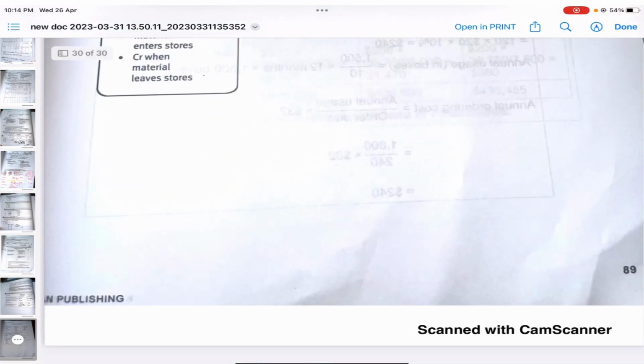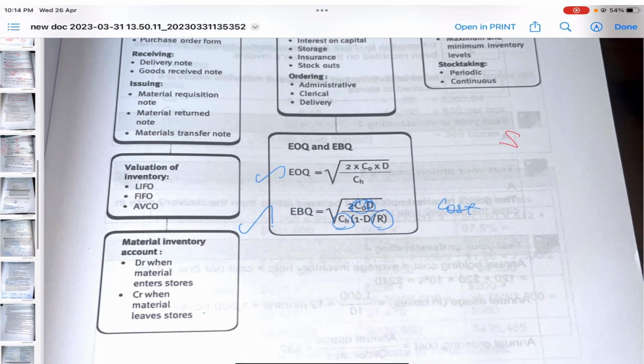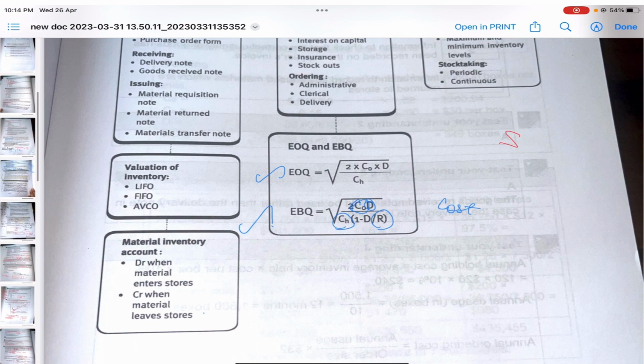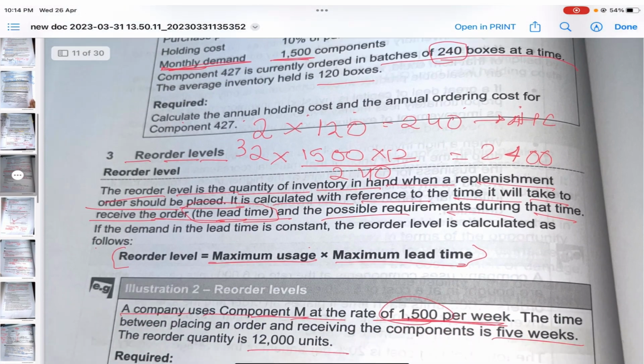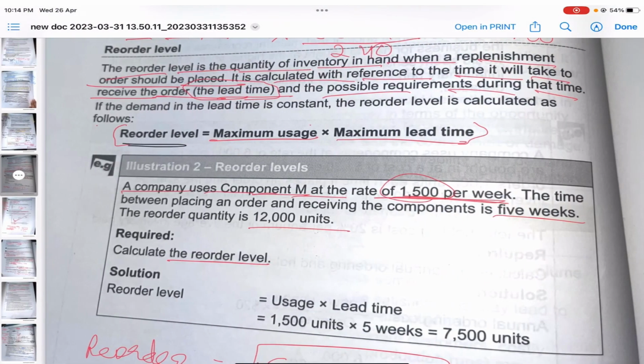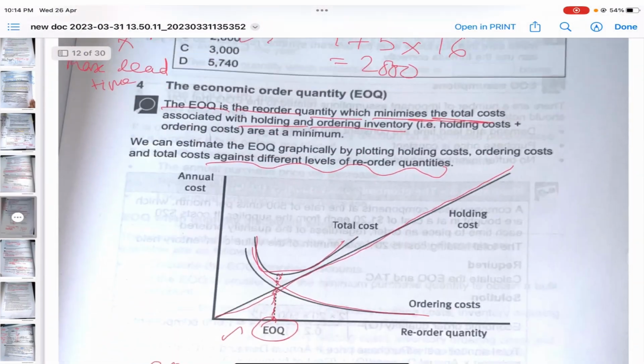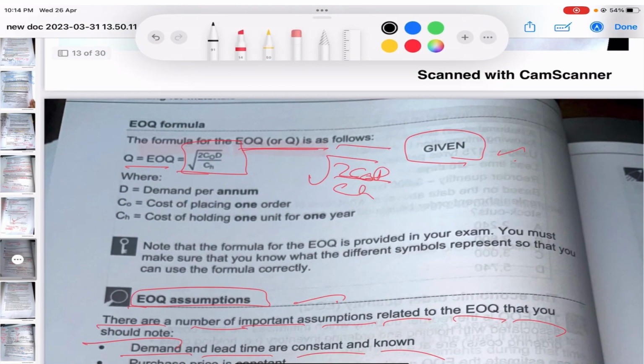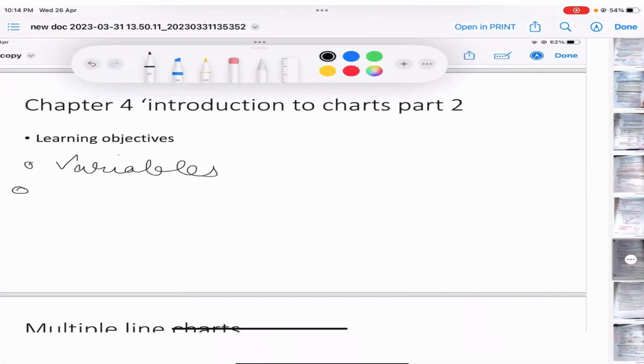Okay, so finally we are done with this chapter. Let's quickly just revise some of the formulas in the chapter. So my reorder level is going to be my maximum usage multiplied by my maximum lead time, and my economic order quantity would be given by EOQ, which is the square root of 2 times CO, cost of placing one order, times D, my annual demand, divided by CH, cost of holding 1 unit per year.